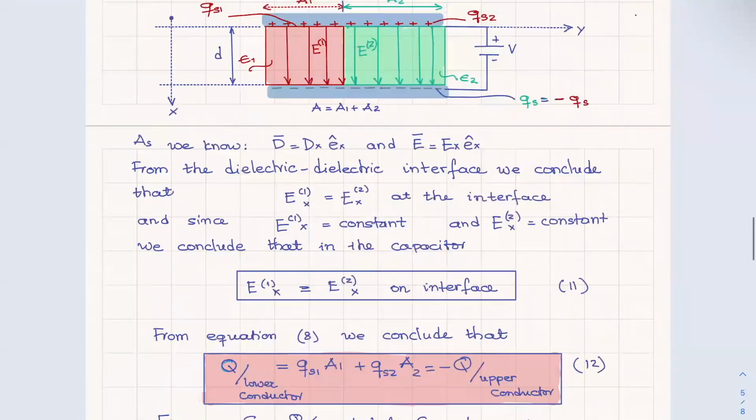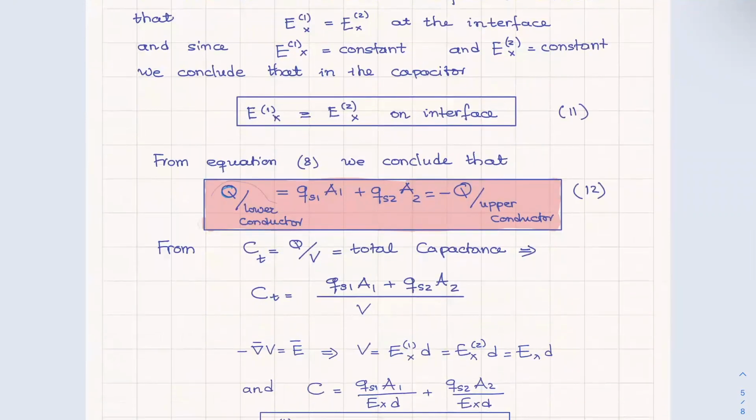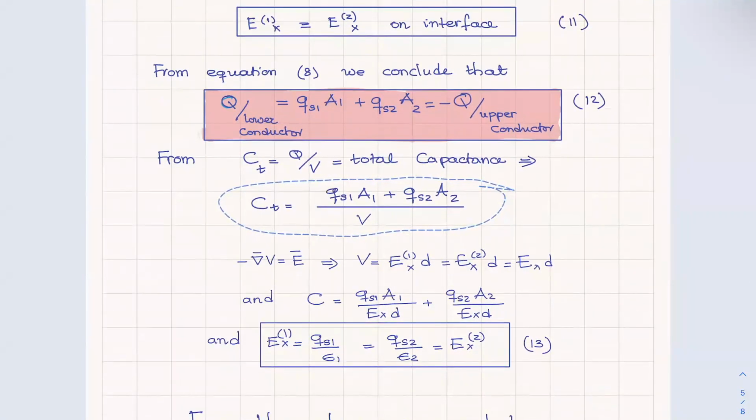The density here multiplied by this area gives one charge Q1. The density here multiplied by this area gives another charge Q2. And the sum of the two charges is the total charge. And then from here, we find the following relationship.